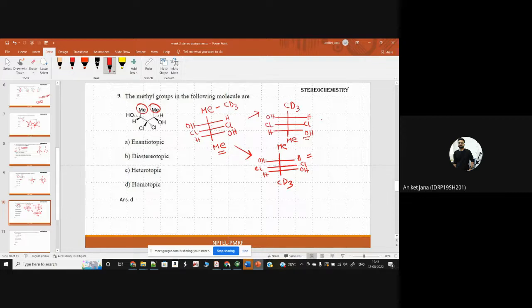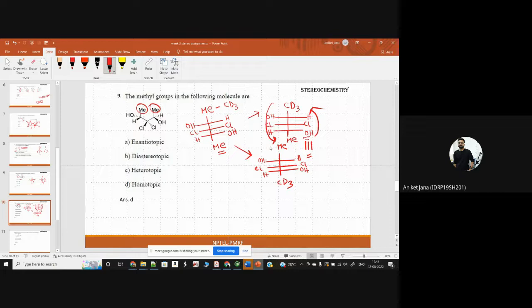Think about rotation or any kind of operation. Sir, they are homomers. How can you tell that? Sir, it is a rotation by 180 degrees. Yes, rotation by 180 degrees on the plane of the paper, like this, and we get the same molecule.